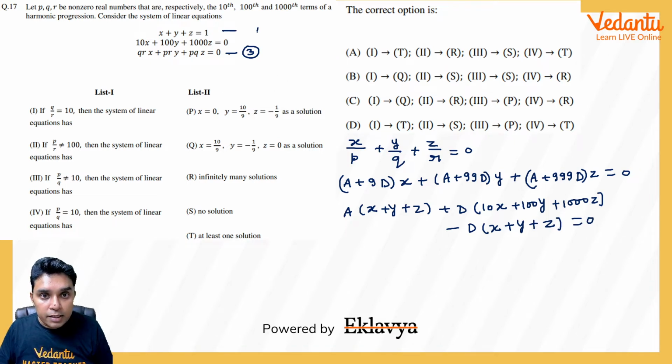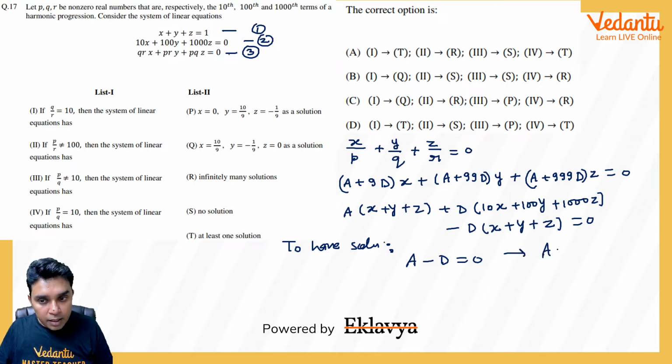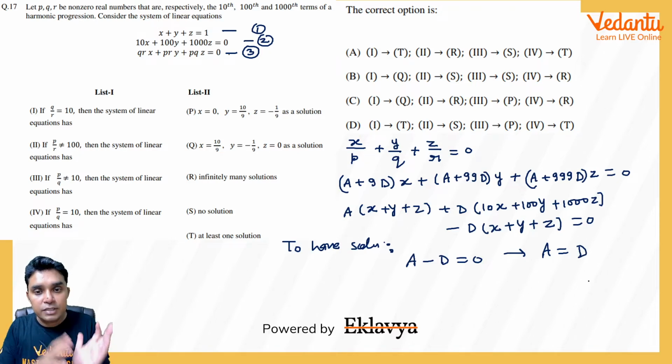In order to have solutions, I need x plus y plus z equal to 1 and 10x plus 100y plus 1000z equal to 0. So to have solutions, we should have A minus D equal to 0. That means the AP corresponding to this HP should be such that the first term is equal to the common difference.